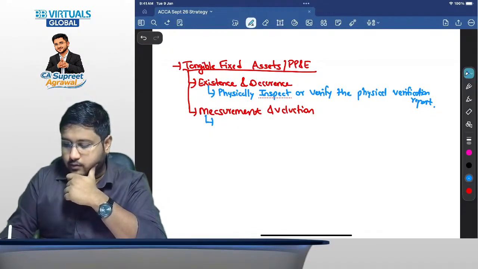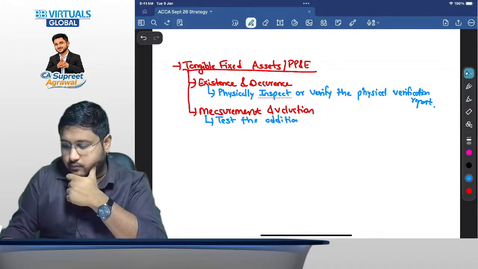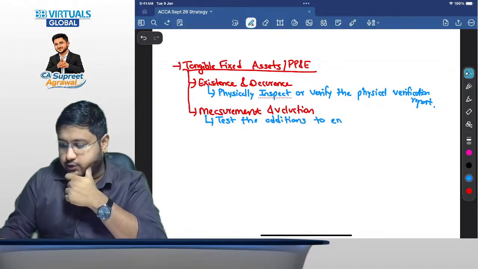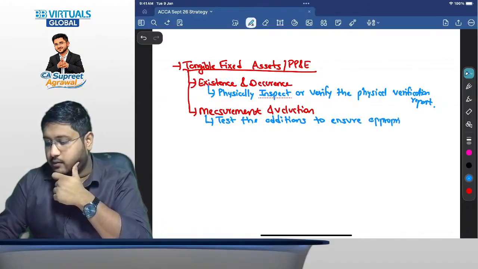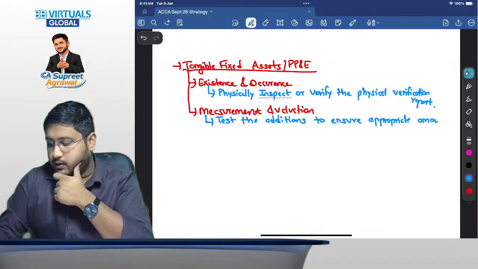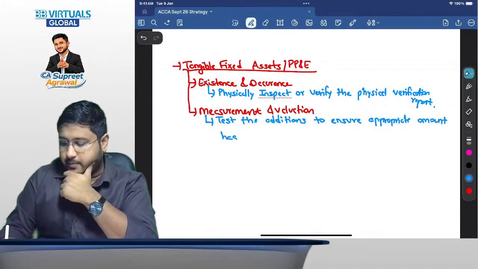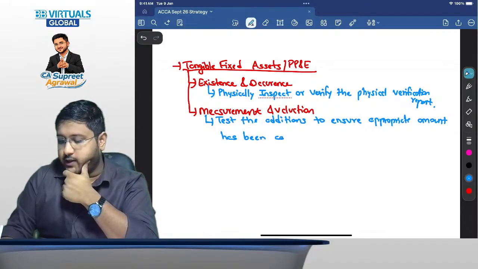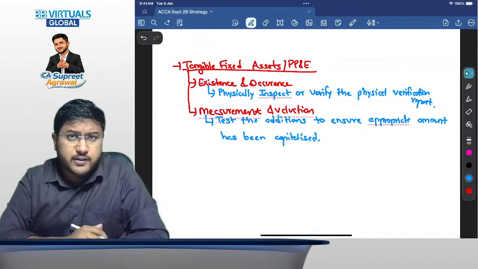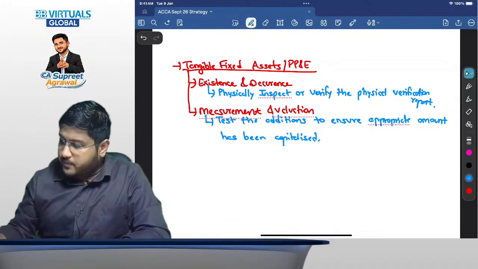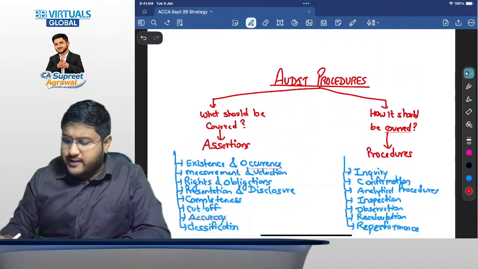So test the additions to ensure appropriate amount has been capitalized or not, whether there is any expense that should not have been capitalized but has been capitalized, right? Then whether the classification, the movement is appropriate or not. As of now, I'm taking just one example for each assertion.